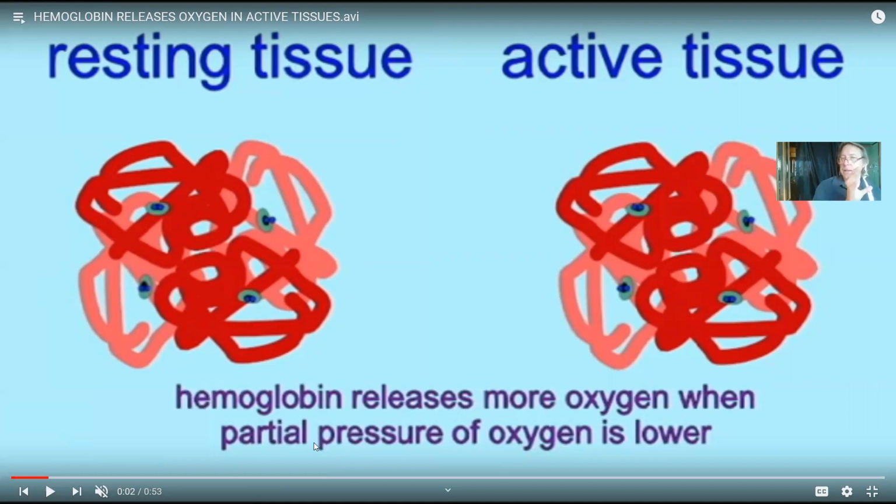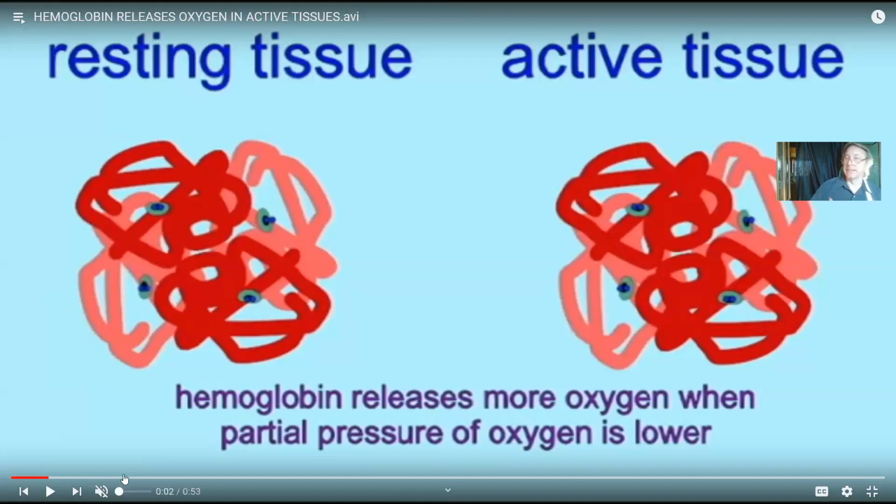So one of the points from the previous section was that hemoglobin will let go of more oxygen in an active tissue, which needs more oxygen. And the reason was that the partial pressure of oxygen was lower. The active tissue, which was lifting the chair, had a lower partial pressure of oxygen than the resting tissue, which wasn't lifting a chair.